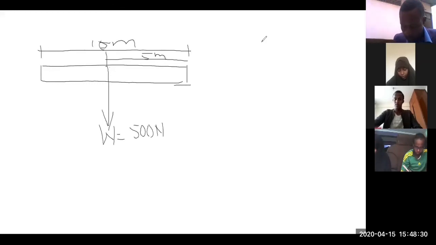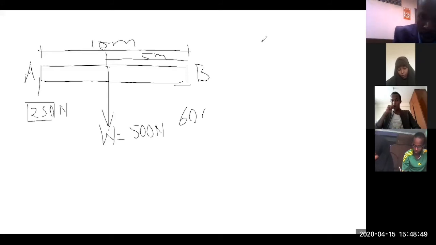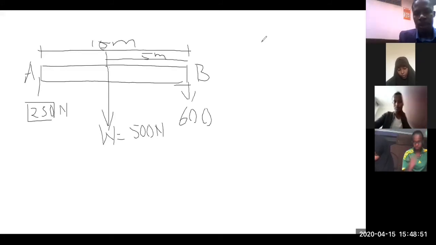Now we have a weight on side A and side B. On side A, we have a weight of 25 kg, same as 250 Newton. And on the right, we have 60 kg, same as 600 Newton.